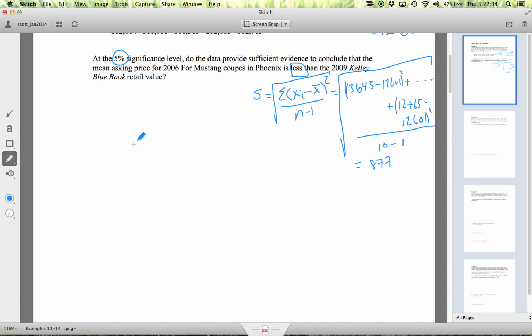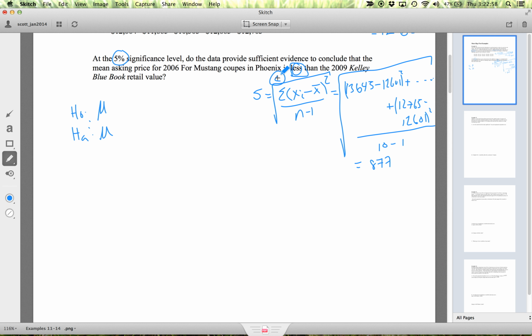To do a test, what we need to do is set up our hypotheses: the H naught, or the null hypothesis, and the HA, or the alternative hypothesis. We're testing an average, so we're testing if mu is less than. The sign for less is this sign here. Notice it's less than, not less than or equal to.